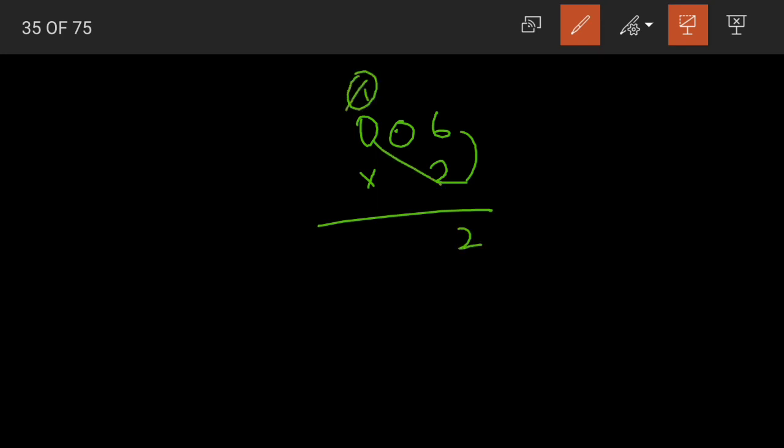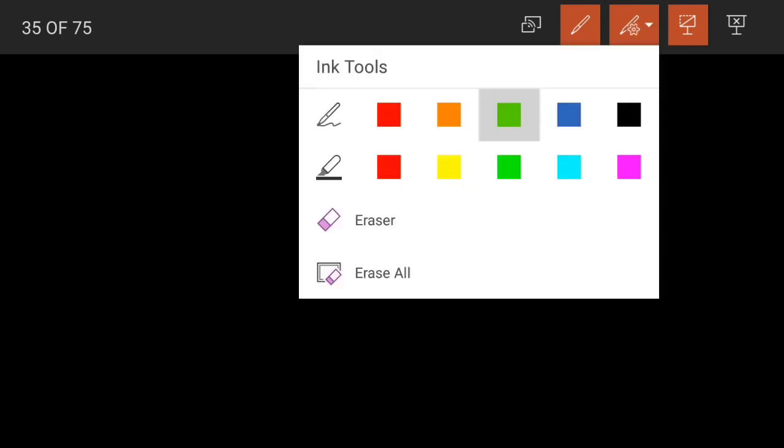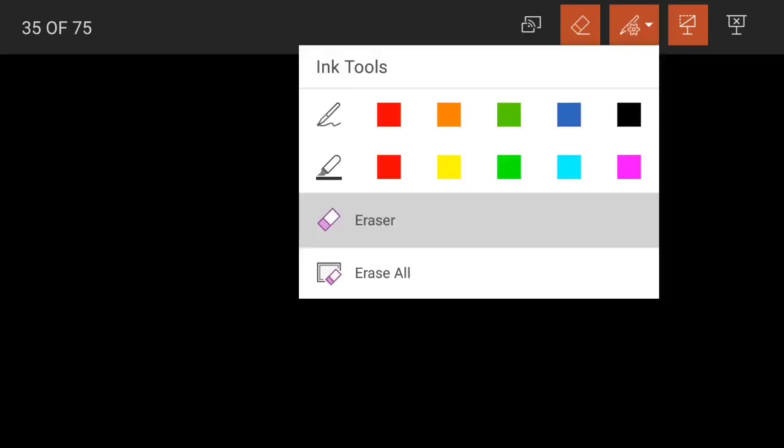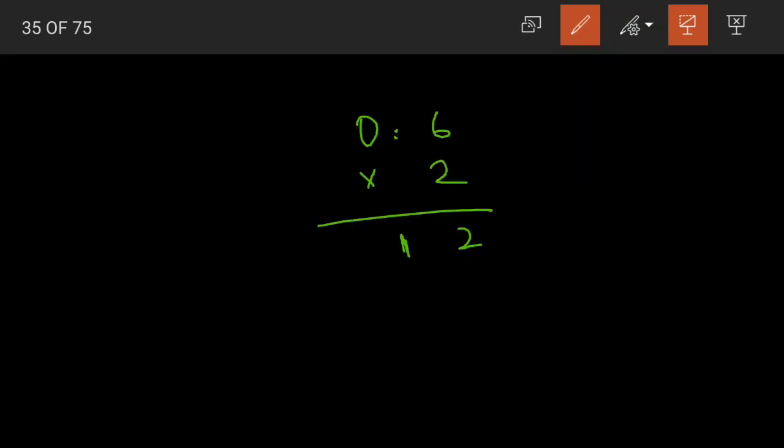Understood, children? Let me explain again. 0.6 into 2, right? Forget about this point for now. 2 sixes are 12, 2 here, 1 carried, 2 zeros are 0 plus 1 is equal to 1. Now we have multiplied normally as we do for whole numbers. But in the question, in 0.6, we are having a point after one digit from the right side.